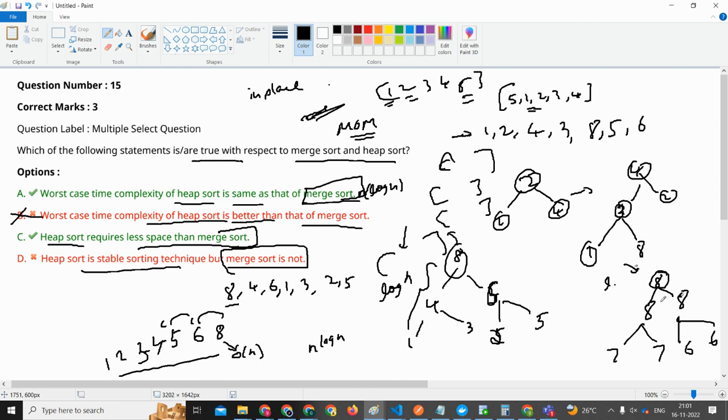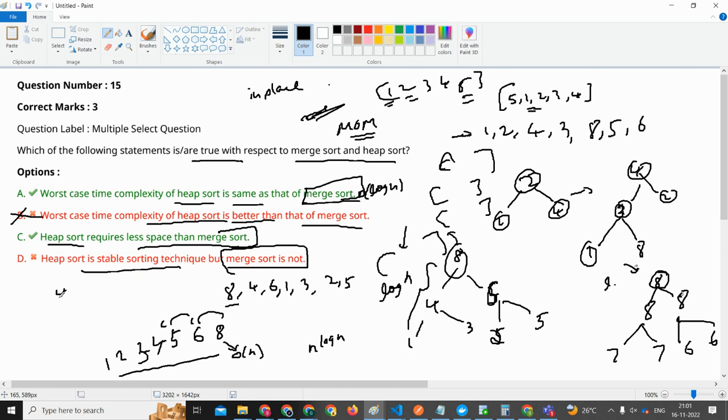Again, just like quicksort, heapsort also works with the same list. They know 8 is the maximum, right? So they move it to the last of the list, and then the length of the heap is just n minus 1.